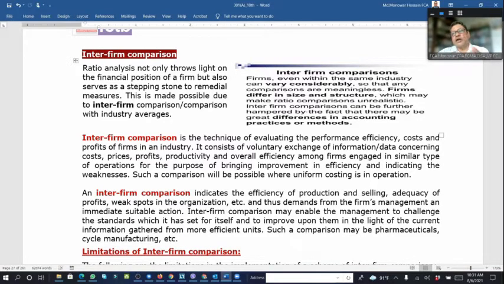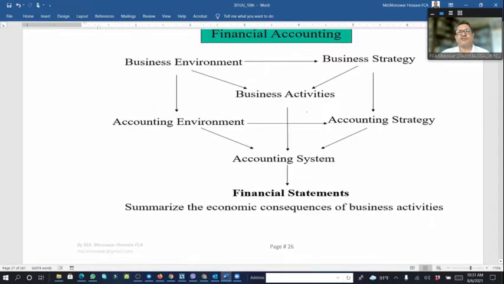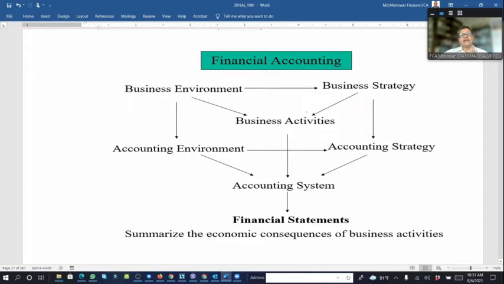Acquisition means one bigger company goes for acquiring another small company, and the small company vanishes from the market. So that type of intercompany comparison we also need. It has limitations. So if we see the financial accounting on our side here, what is the total environment? What are the activities within a business environment?